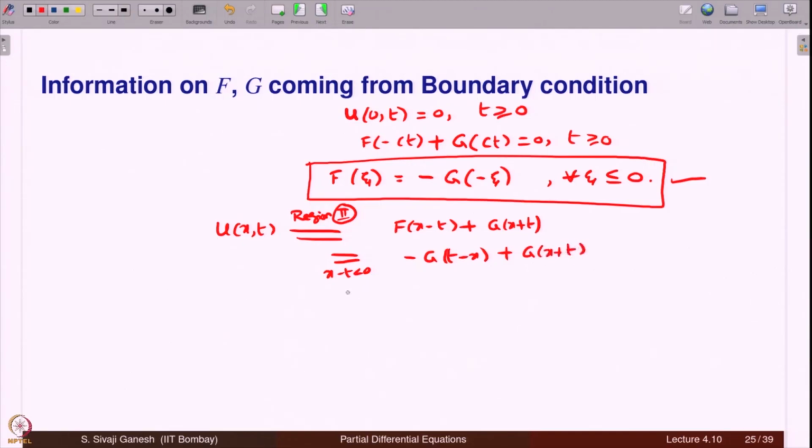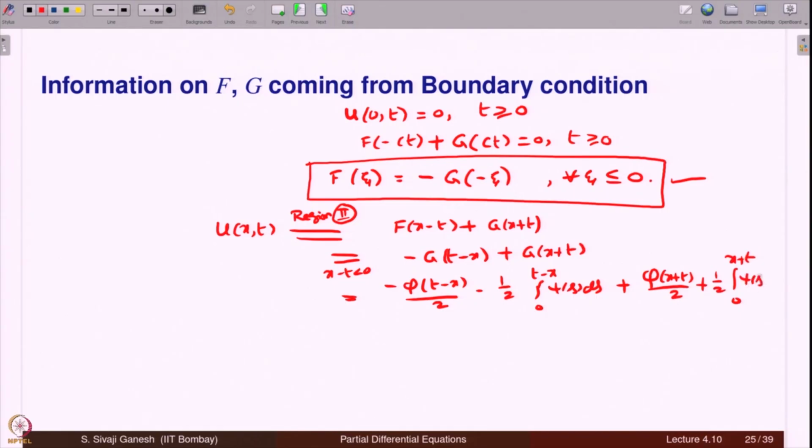We can substitute the expression for g in terms of phi and psi, that will give us minus phi of t minus x by 2 minus half integral 0 to t minus x psi s ds plus g of x plus t, which is phi of x plus t by 2 plus 1 by 2 integral 0 to x plus t psi s ds.